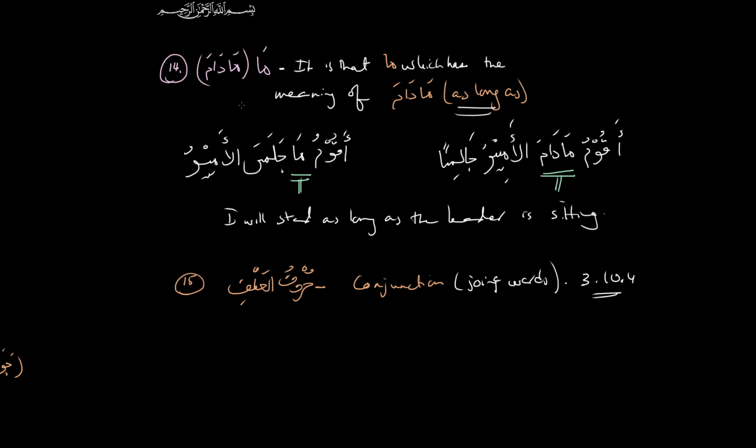So you have to make sure to translate it properly. And finally, huruf atf, conjunctions, we talked about that. Alhamdulillah rabbil alameen completes our book. As-salatu was-salamu ala Rasulillah. Assalamu alaikum.